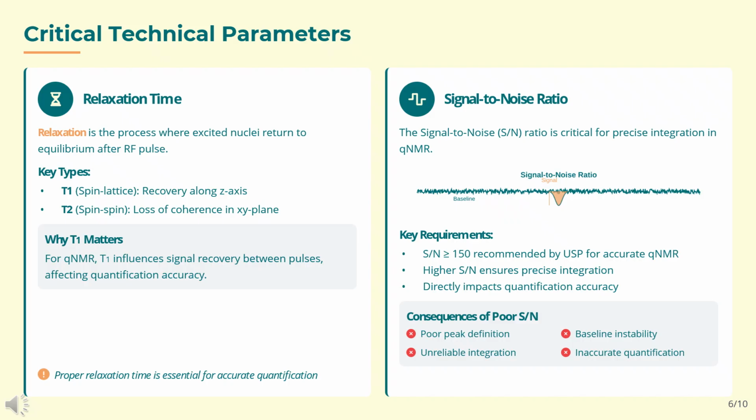The quality of your data depends on a high S/N ratio. USP recommends S/N greater than or equal to 150 for reliable integration. Poor S/N leads to poorly defined peaks, baseline instability, and inaccurate quantification. These parameters ensure your qNMR results are both precise and trustworthy.